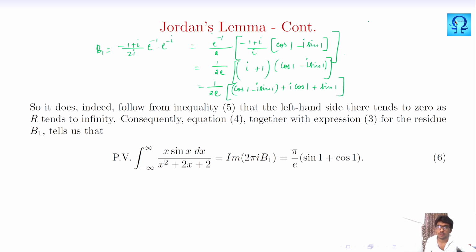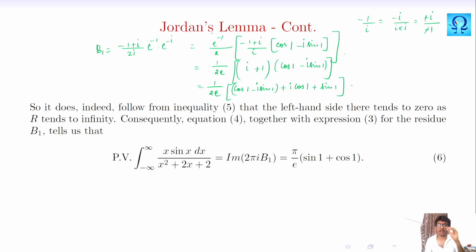Am I right? So -1/i means -i/i multiplied with i. So that is -i/-1, so yes, it is i. So i plus 1, and we have these things. So i times cosine 1, and this becomes plus sine 1, and this is cosine 1 minus i times sine 1.